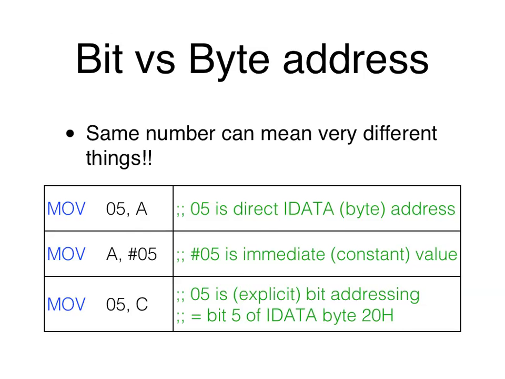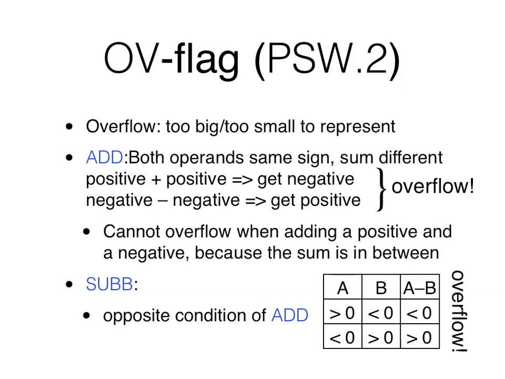If I have an instruction that has move something, C, then that address, like the 5 there, is interpreted to be a bit address. Does that make sense? Okay? So it's very context dependent. So again, just one little character difference can mean something entirely different. Okay? Oh, the OV flag. That's PSW.2.